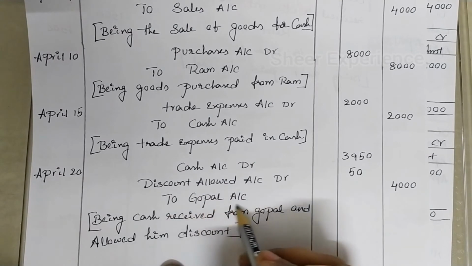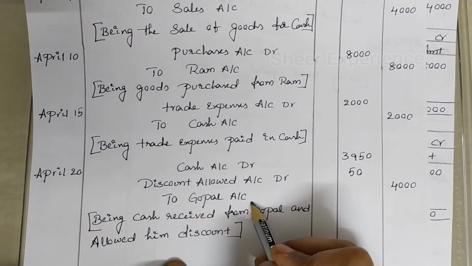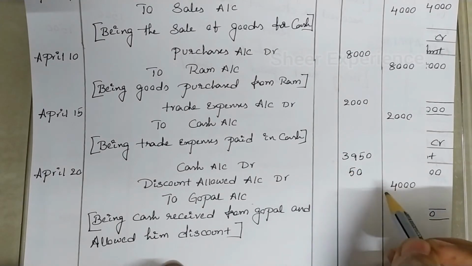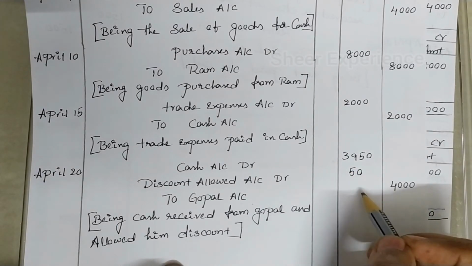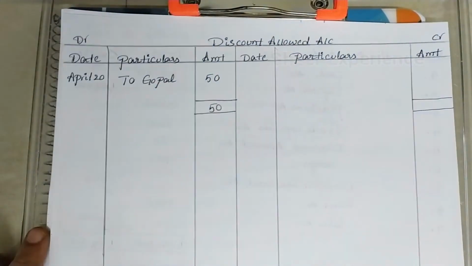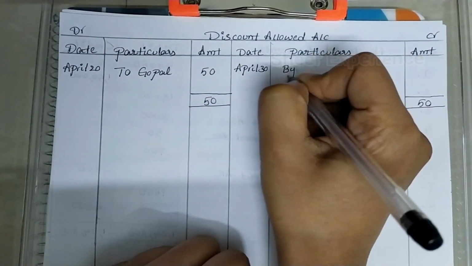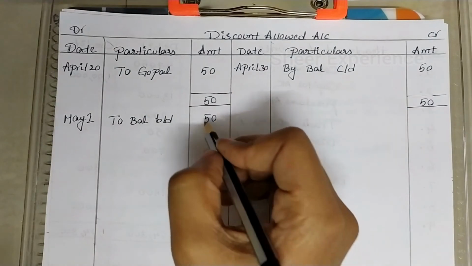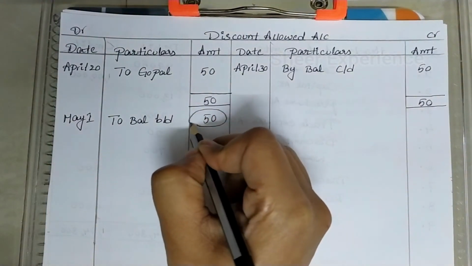So we will mention it on the debit side in the ledger. But the amount we should consider here is 50, not 4,000, because discount allowed amount is only 50. Discount allowed account balance is 50.